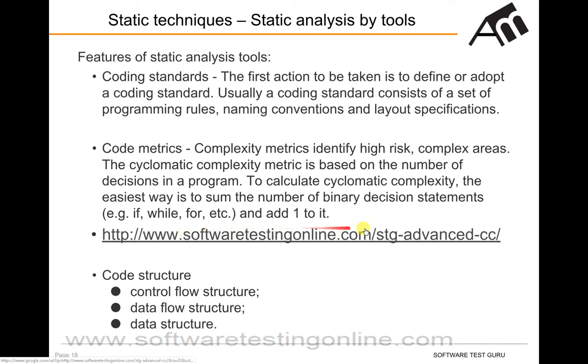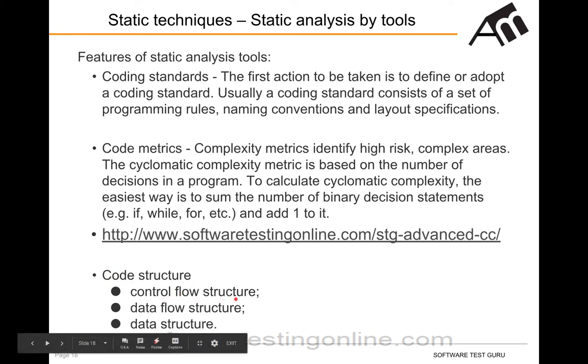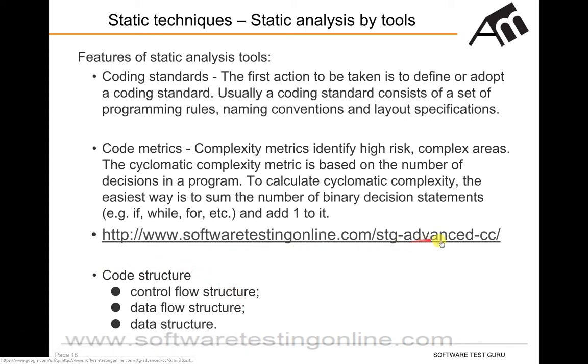I have explained with examples the code structure, control flow structure, data structure. All these are explained in softwaretestingonline.com STG-advanced. You please go to the site and you can learn more about this. Since it is already explained in my website, I'm not reiterating the same again.